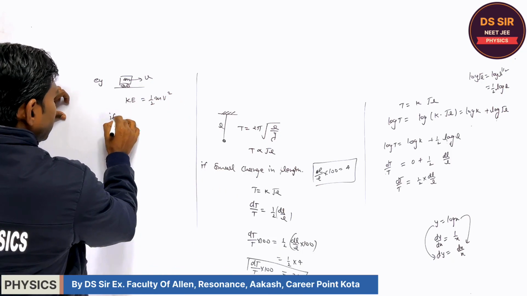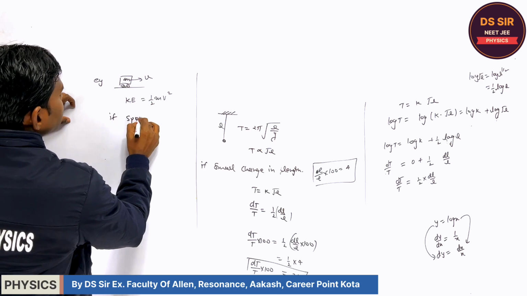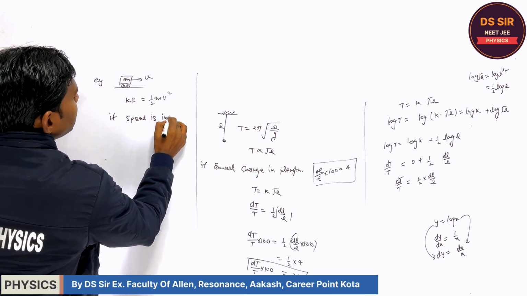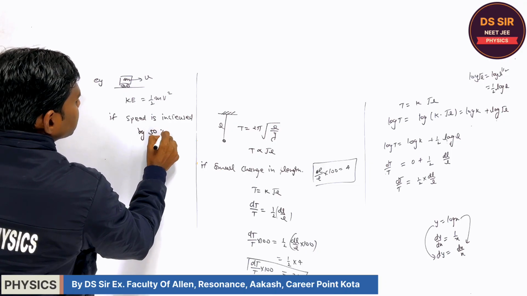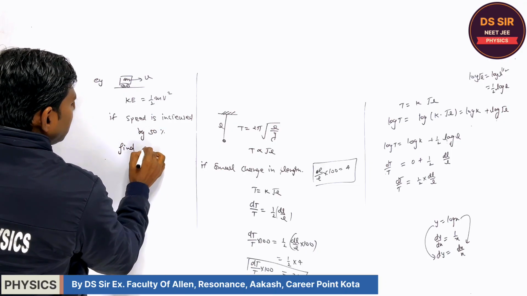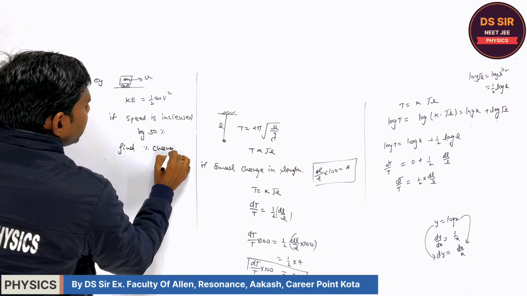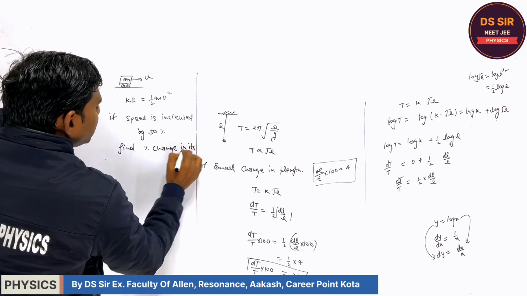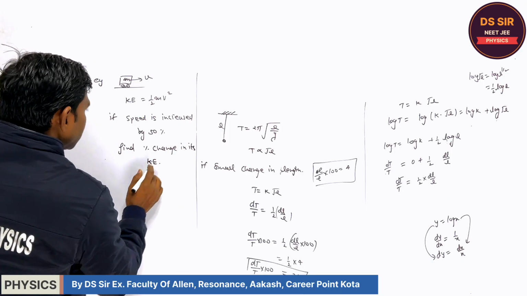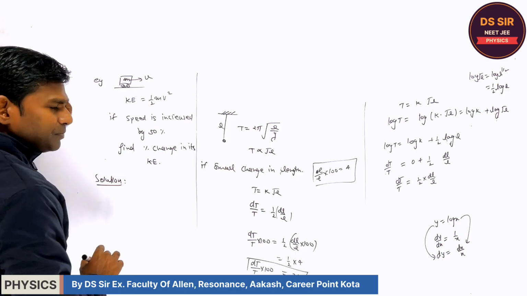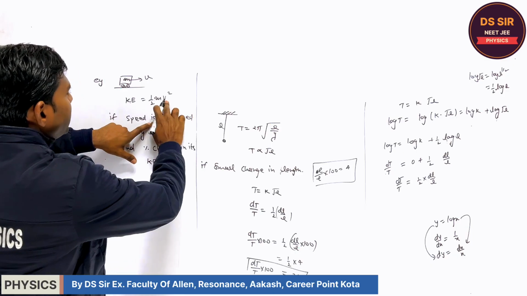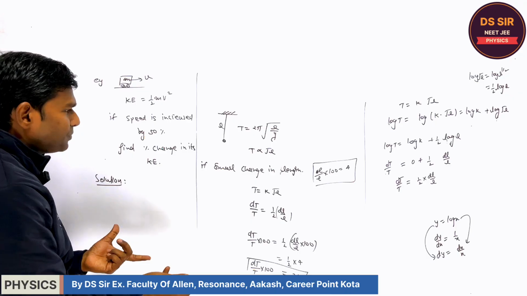If the question is, if speed is increased by 50%, find the percentage change in its kinetic energy. Is it clear or not, you tell? The question is clear. This type of question you have done many times. Speed is increased, kinetic energy is increased.